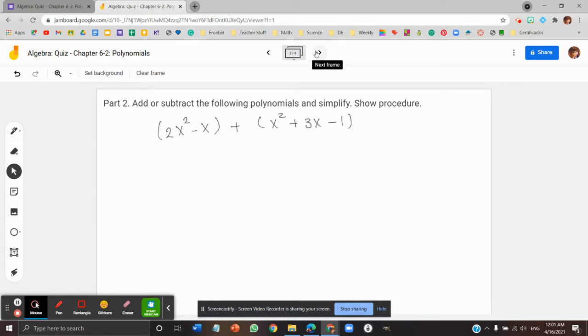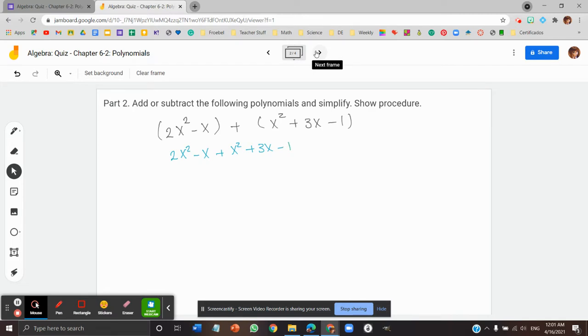We are adding. And when we add or subtract, the first thing that we need to think is, can I solve anything inside the parentheses? If my answer is no, then I can dissolve those parentheses. For example, this is going to be 2x squared minus x plus x squared plus 3x minus 1.